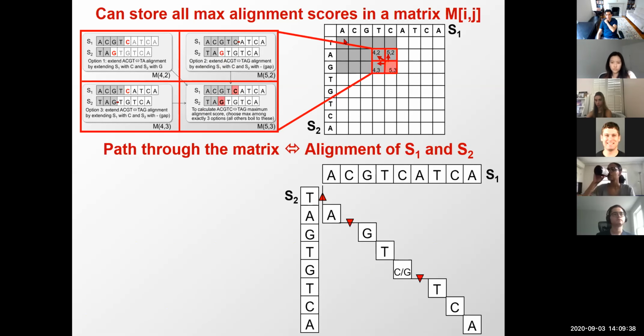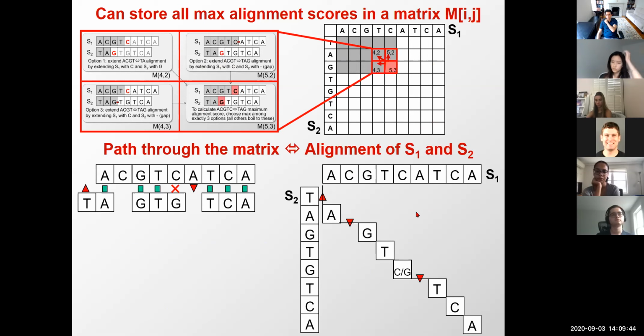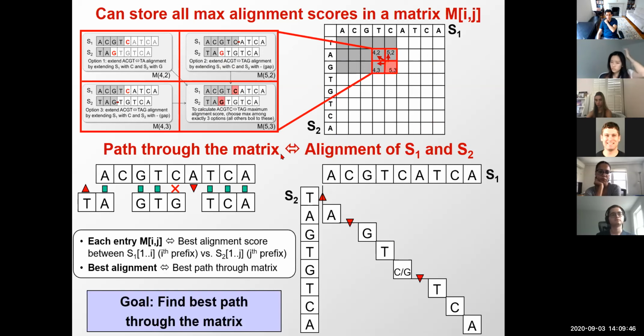And what I'm going to be computing is the score of this matrix from the top all the way down. And then the path through the matrix is actually going to correspond to an alignment of S1 and S2. So as I traverse this matrix, I'm basically choosing that maximum to be either coming from a match or from a gap or from a gap.